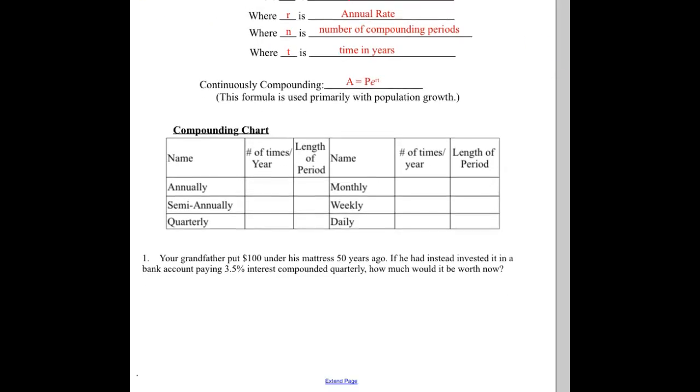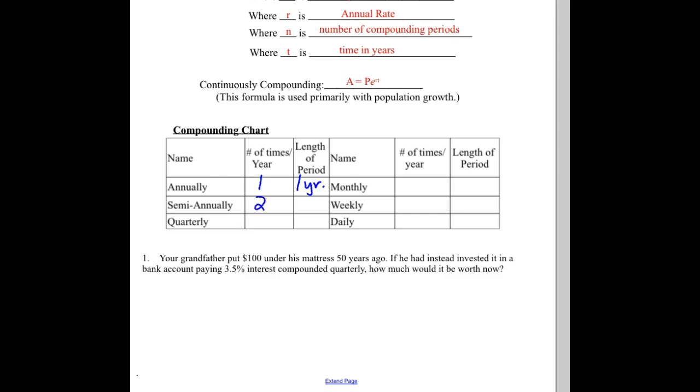All right, so let's look at our chart here. If they say it's compounded annually, how many times a year is that? Once. All right? So we have it compounding one time each year, which means the length of the compounding period is just 1 year. If they say it's compounded semi-annually, what does it mean? Yep, twice a year.